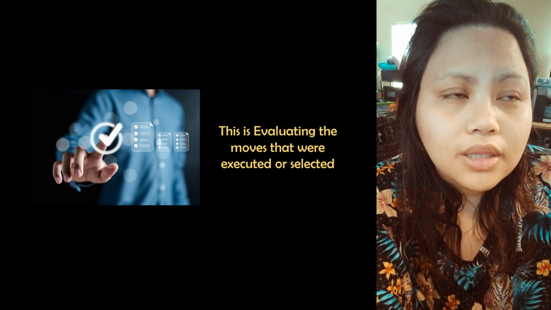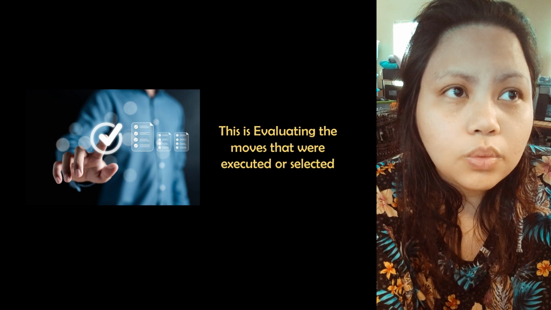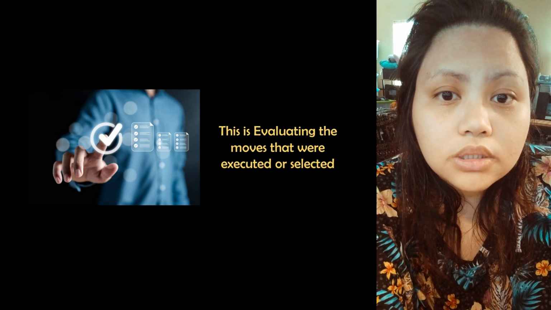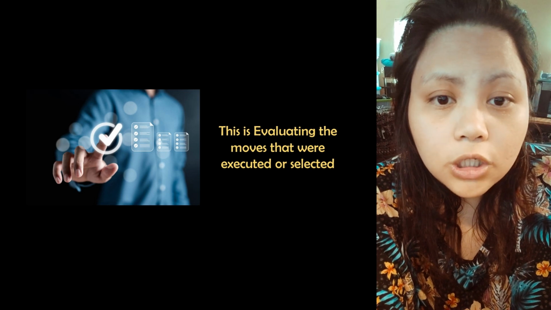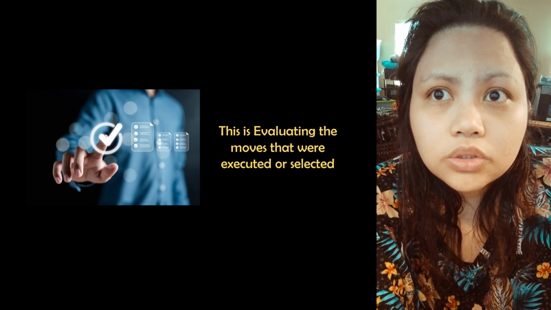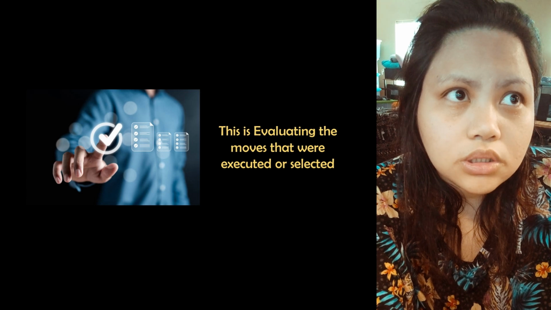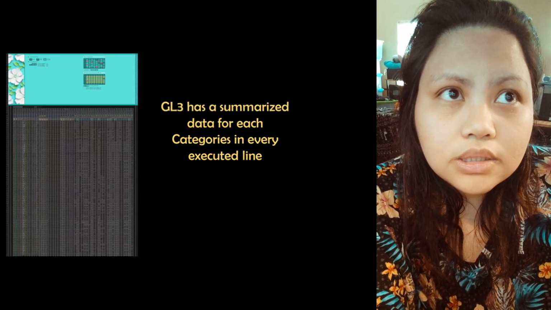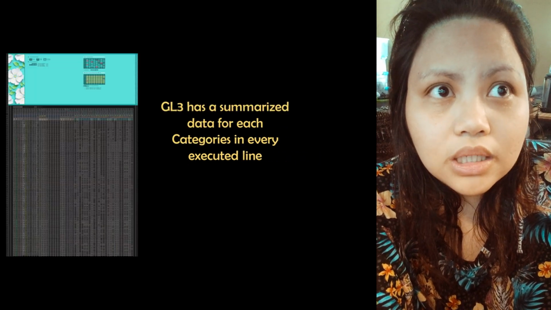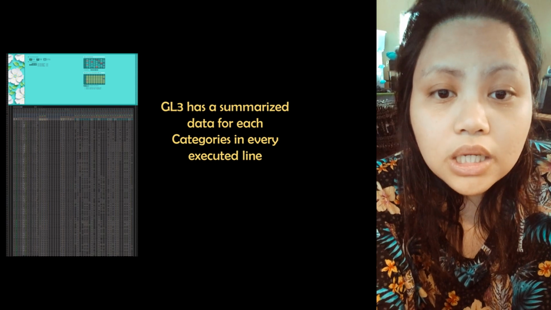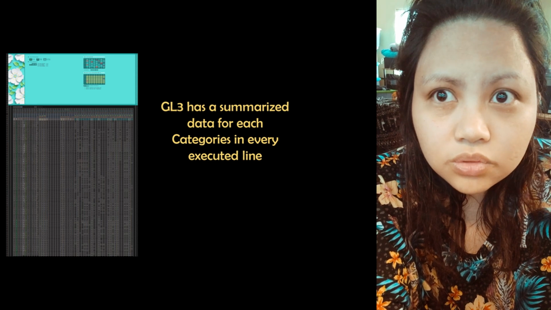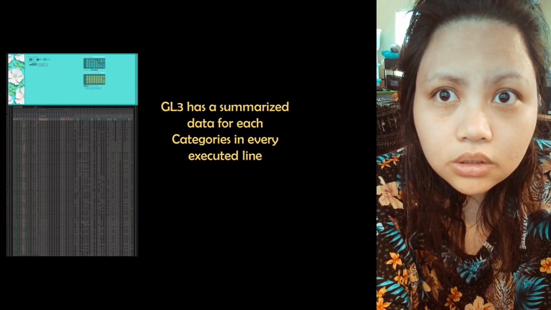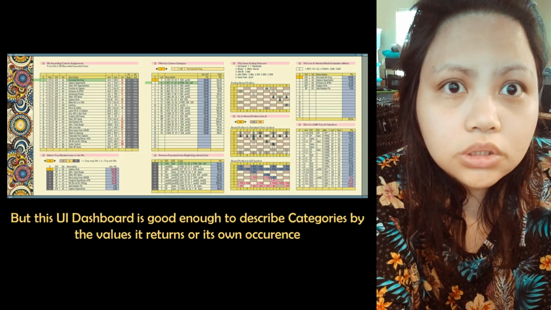That is the weakness of this dashboard: it's just evaluating the moves that were selected, not all occurrences. GL3 has summarized data for each category in every executed line, but that is also just a text display, and that will be the next presentation.